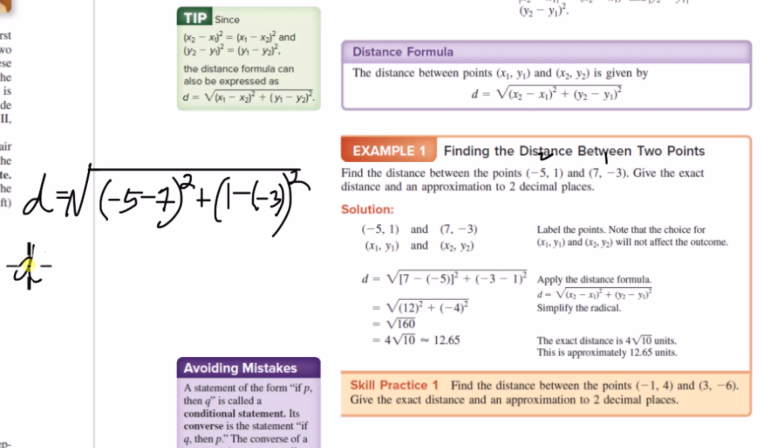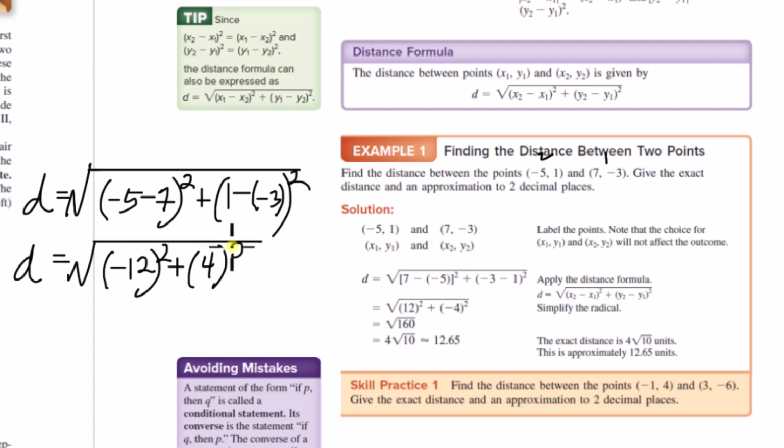So what we've got is -5 minus 7 is -12. And then here we've got 1 minus -3. That's 1 plus 3. You see? Okay, so we've got -12 squared is 144. 4 squared is 16.